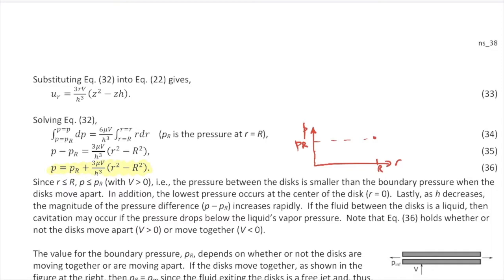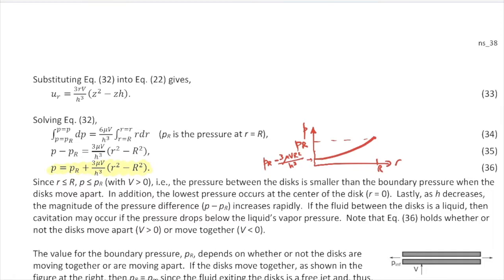So it'll look something kind of like this. It'll be the largest pressure on the exterior. When little r is equal to capital R, it'll just be P sub R. And then when little r is equal to 0, this one will be P sub capital R minus 3 mu v R squared all over h cubed. That's this point right there. So you can see that the pressure decreases as you come inward.